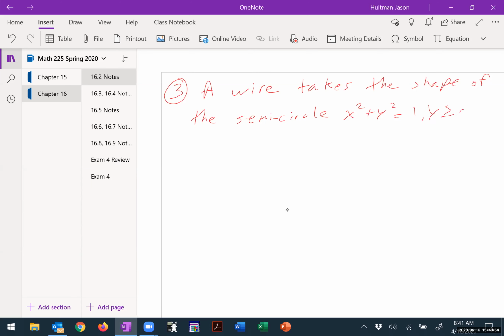y is greater than or equal to 0. Okay, and the wire takes the shape of a semicircle, and is thicker near the bottom, near the base, than near the top.